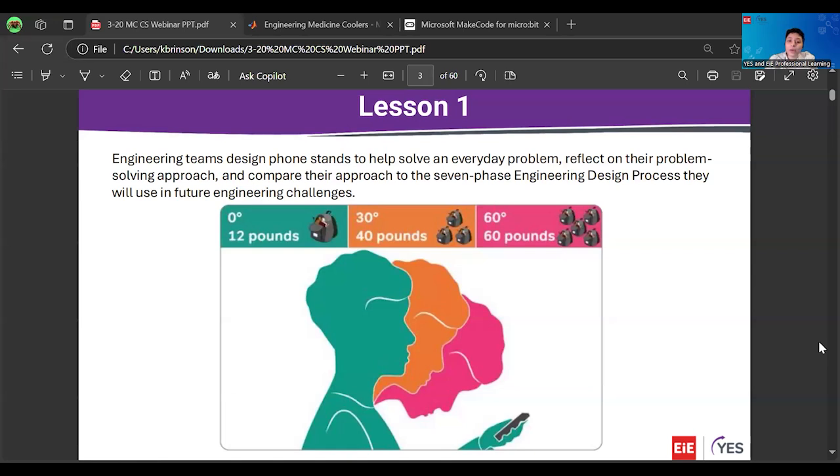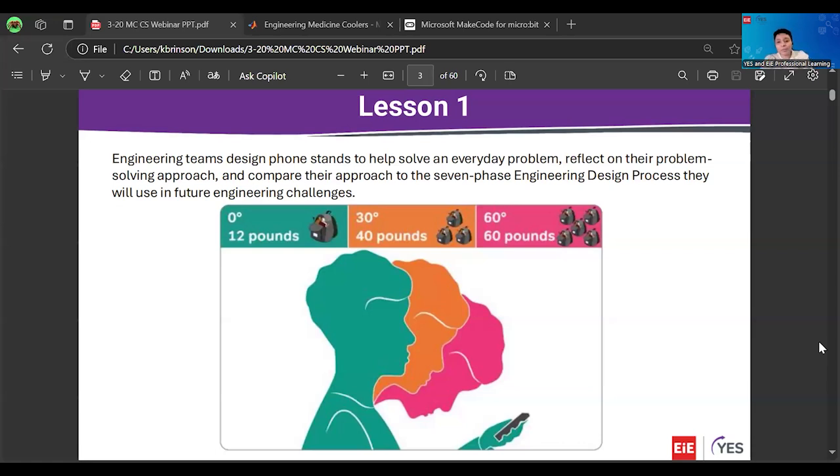Now, this is done without introducing them to the engineering design process so that they can build up that skill set and know that they are doing engineering without that prompting, right? They can ask questions about the problem. They can plan and create a solution without being prompted so that that can build some confidence in them before you dive into the actual engineering challenge.